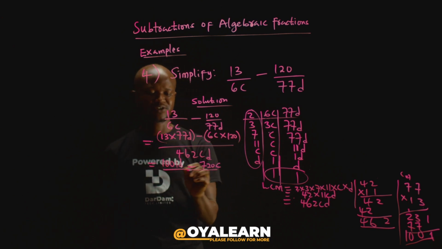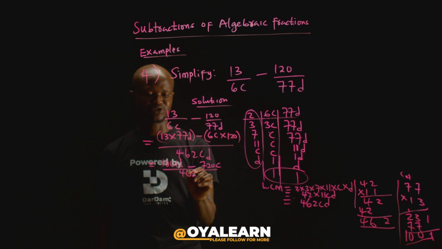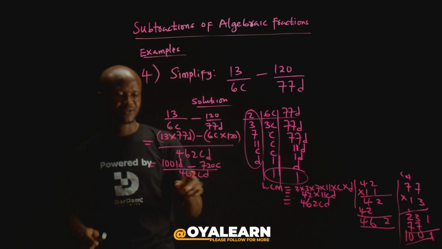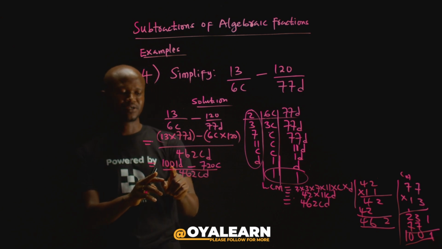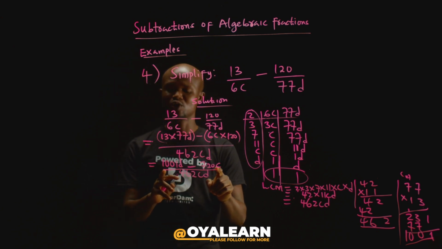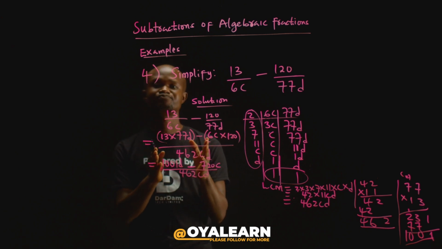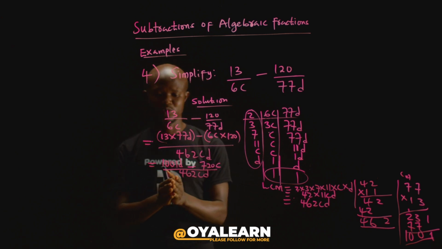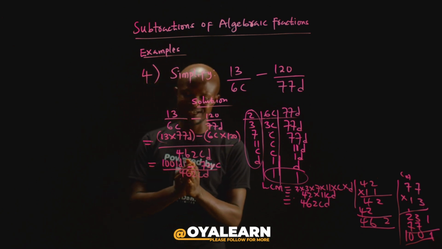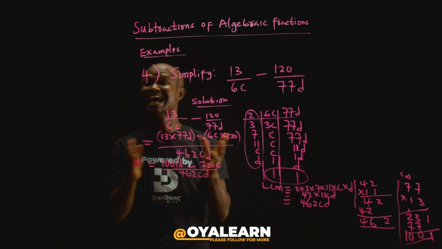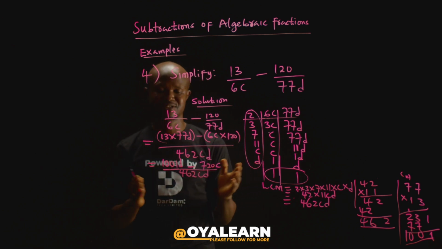All divided by 462CD. Looking at the numerator, the first term and the second term don't have any common element. What I'm trying to say is that the first term and the second term are unlike terms.